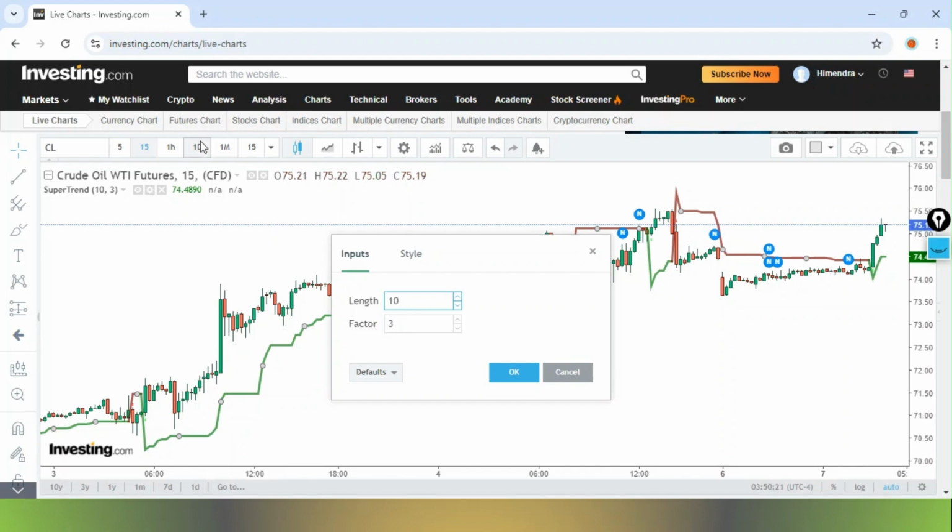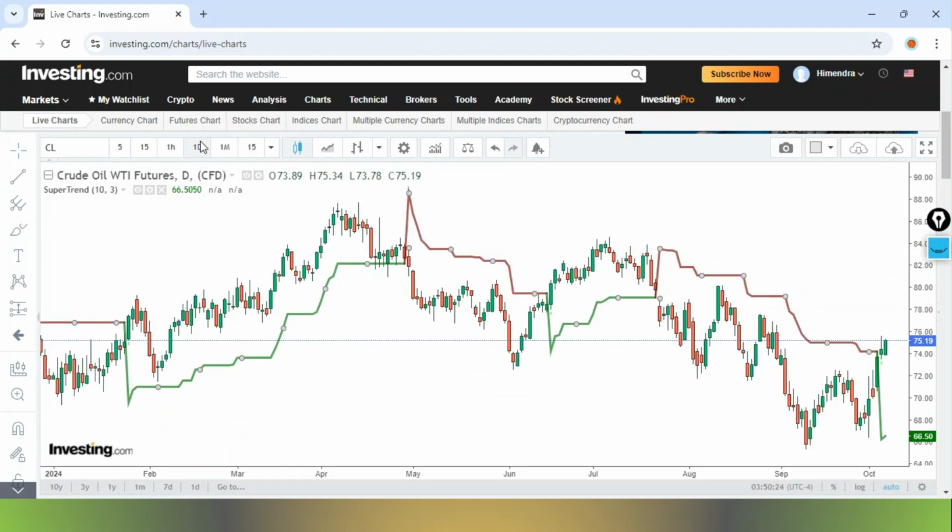So first, let's look at crude on the daily chart. So now crude is breaking the Supertrend and it is giving an up move, which simply means that if you enter into WTI futures, then your stop loss will be $66.5, and you can enter here at the current price.